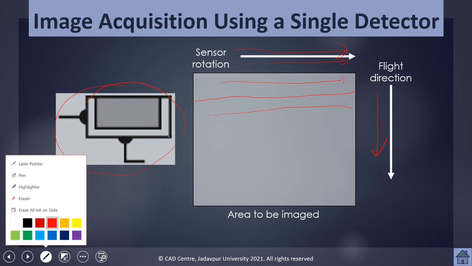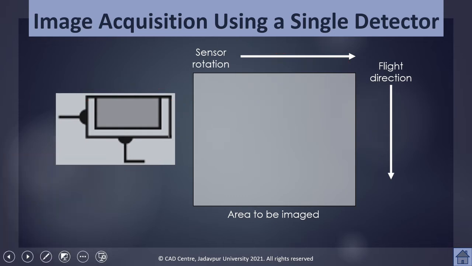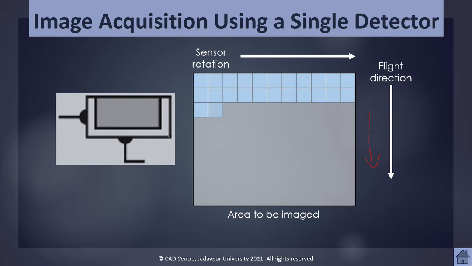Let us try to understand this concept with the animation. So, in a single instant the sensor is creating a single pixel, then in the next instant the next pixel, then the next instant the next pixel, and so on. Once one line completes, by this time the flight moves forward and then the scanning starts for the next line. Thus it can create a two-dimensional image by using two different motions.